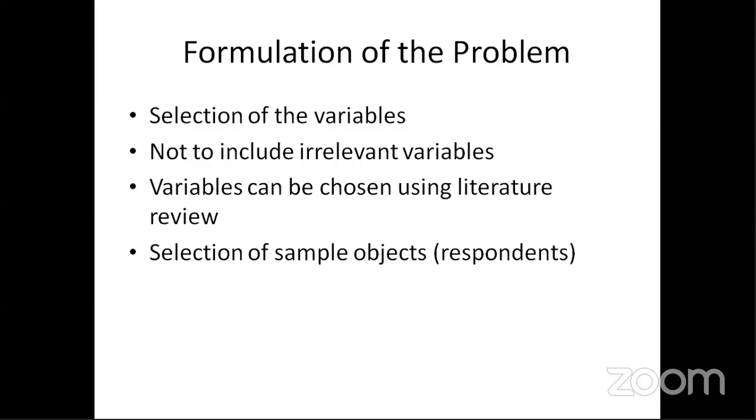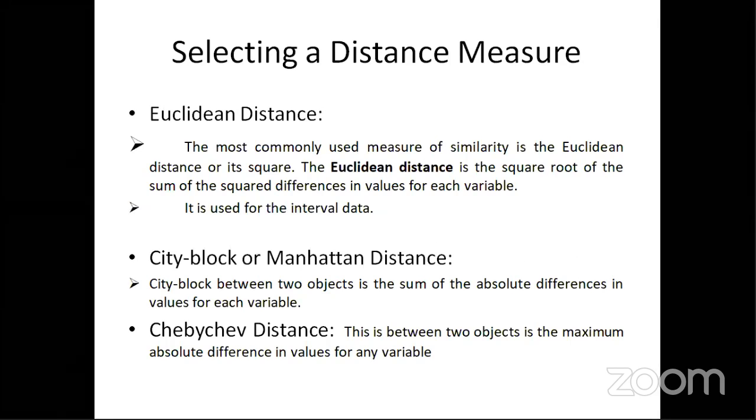Already we have discussed that in formulation of the problem we have to select the variables, which variables you need, and whether they are irrelevant or relevant we have to decide by using the literature review, and then we have to take the decision about the sample size. Now the second step is selecting the distance measures.